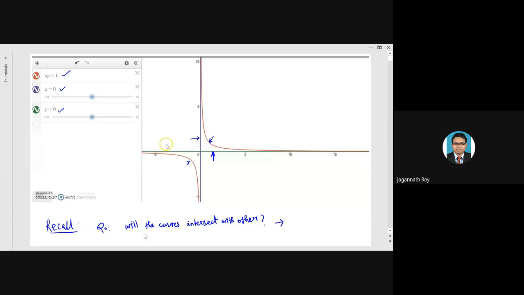The answer will be no. Here x equals 0 is this vertical line, and y equals 0 is the horizontal line. And this curve is xy equals 1. And if you take xy equals 2, then you will get a curve more like this one. It will go far from the origin. Let us take only this curve. A similar conclusion can be drawn for other curves also.